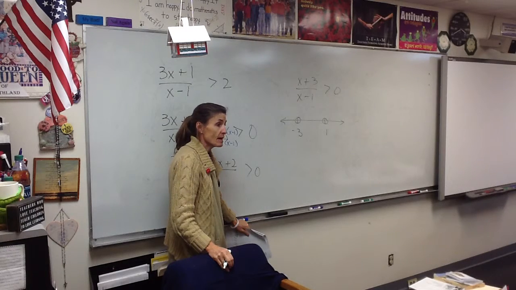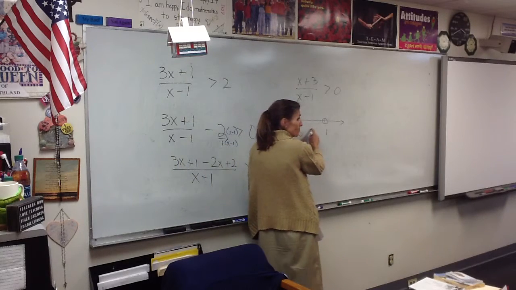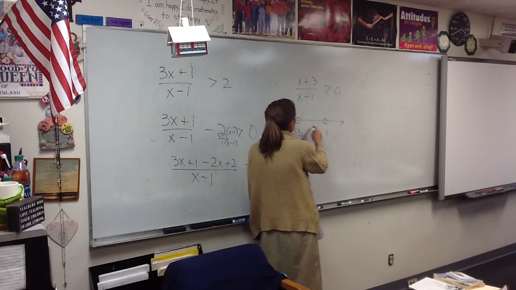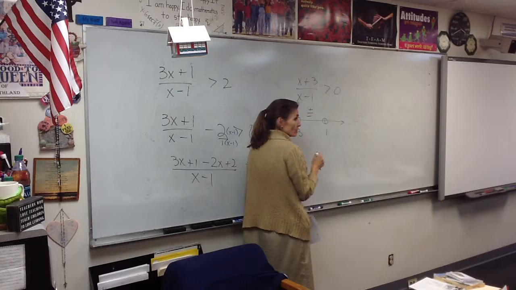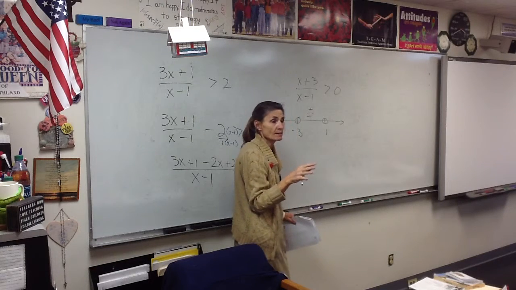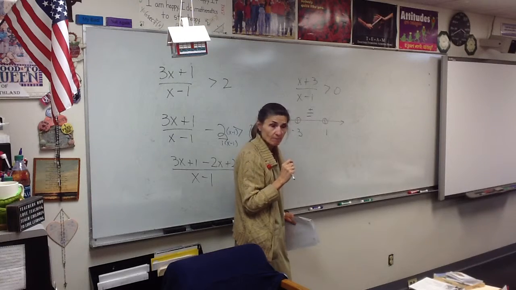Now, let's test 0. 0 would be in here, right? Okay, let's test it. If I put 0 in, I would get a positive number over a negative number. You can go ahead and work it out if you want, but what's really important is it's a positive over a negative.